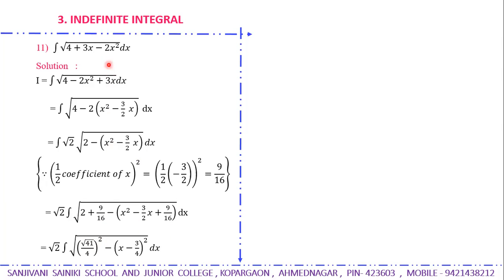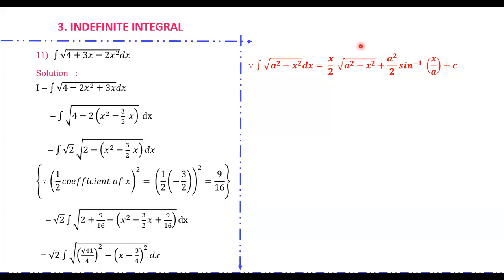So after simplification, you will reach the stage where you can apply the formula for root a square minus x square. Look at this formula. Just now I have told you to use root a square minus x square. Its integral is given by x upon 2 root a square minus x square plus a square by 2 sin inverse of x by a plus c.